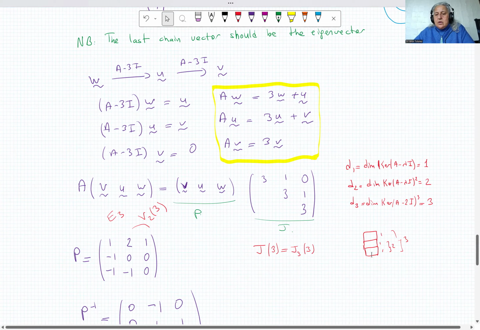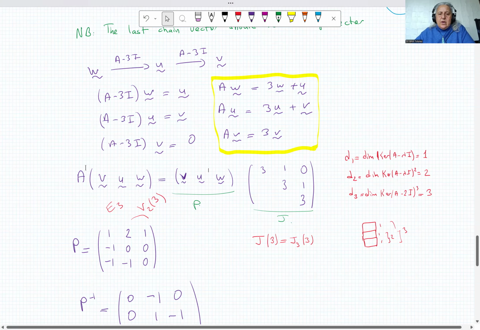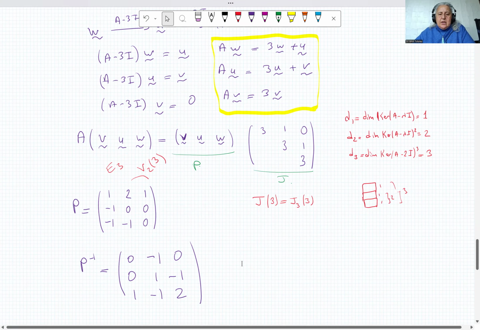So that all corresponds to this kind of boxes to express this Jordan block case. Okay, if you want to write down P in terms of V, U, W, what we've done, this is V, this is U, this is W, and you can figure out the P inverse and you can check your calculations.